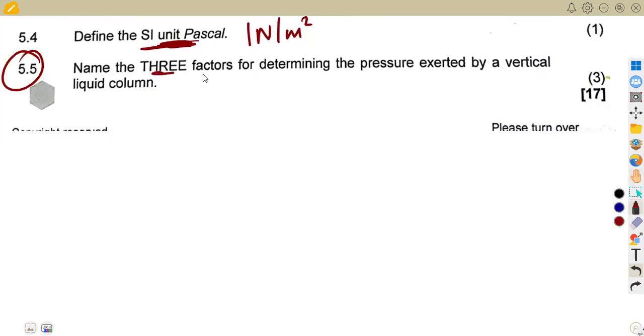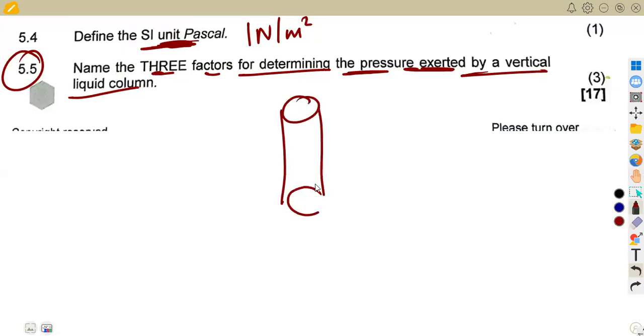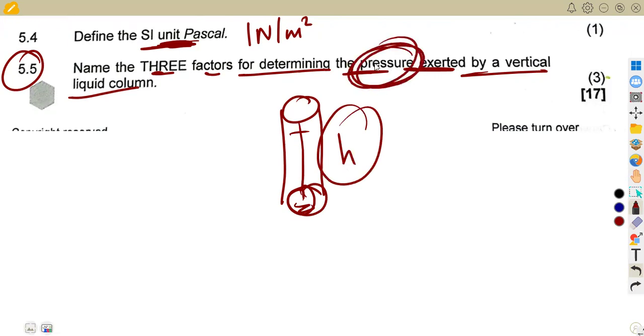Then name 3 factors for determining the pressure exerted by a vertical liquid column. If we are given a vertical liquid column, considering a certain height, what are going to be the factors to determine that pressure?